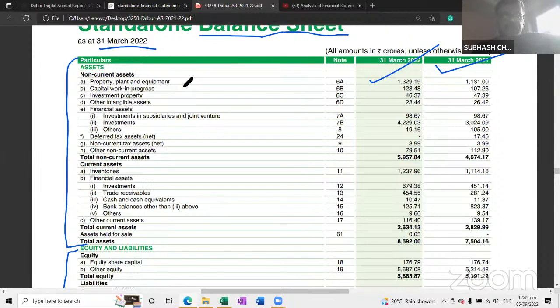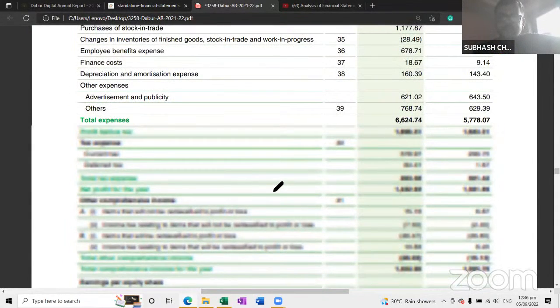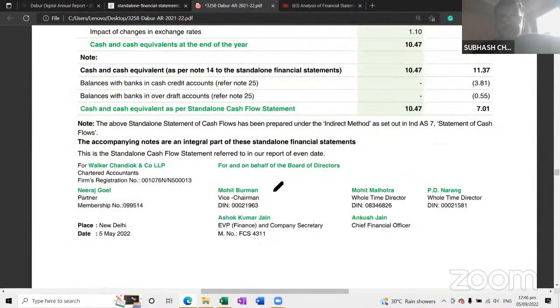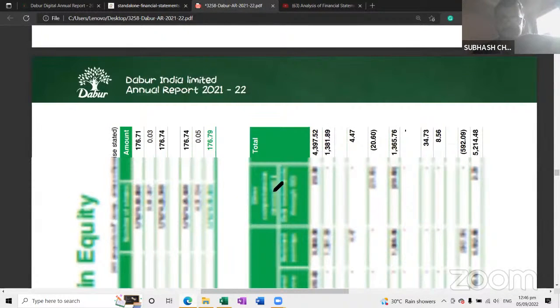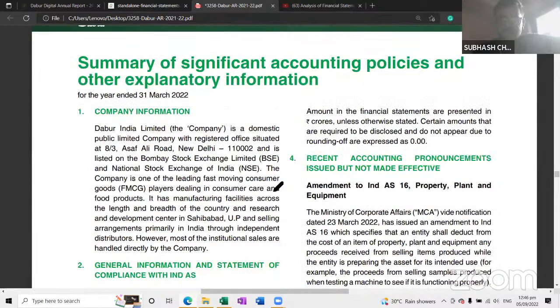Property, plant and equipment, your depreciation and current assets merged, and this plant and equipment. So how are we getting this figure 1329? You will find it in note number 6A, below note number 6. Accounting policies are given here.